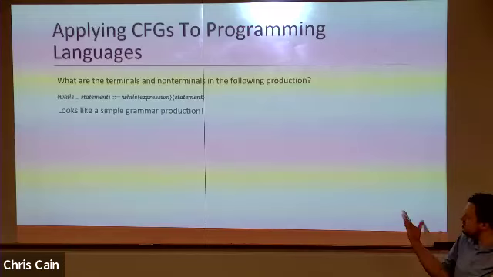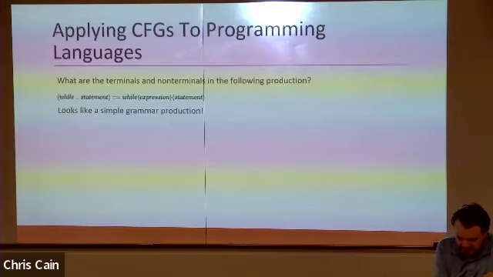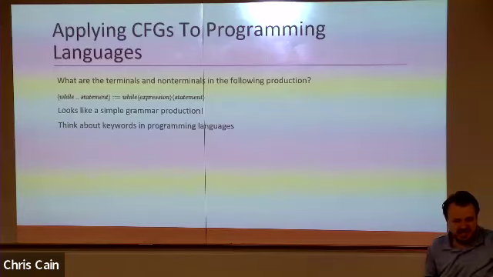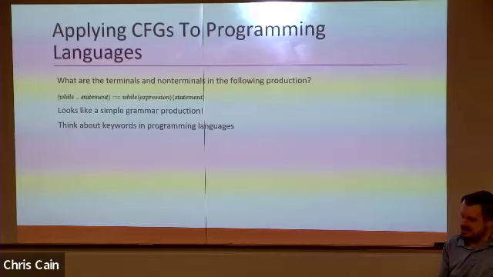So this just looks like a simple grammar production, but this is exactly what keywords do in programming languages. They are terminals in a grammar to be able to map to a grammar production like this.